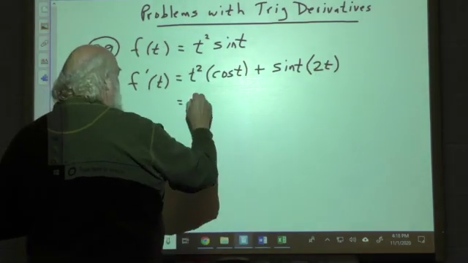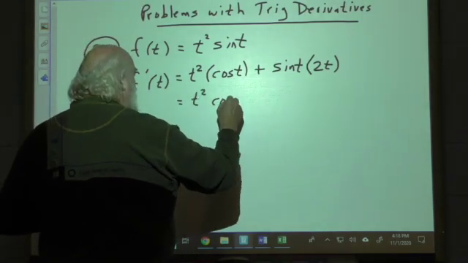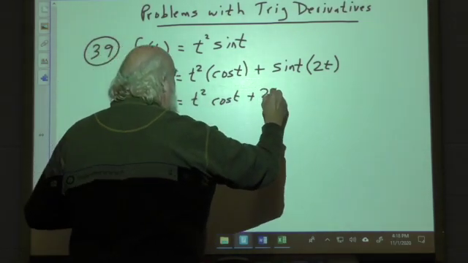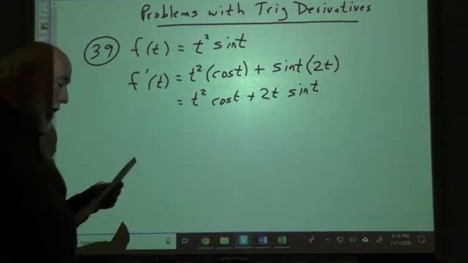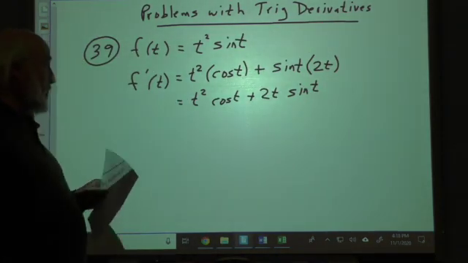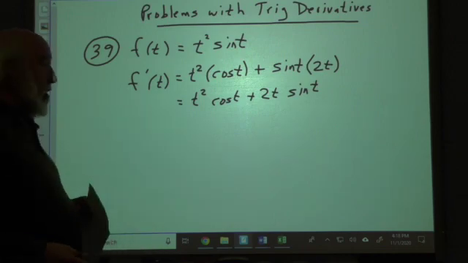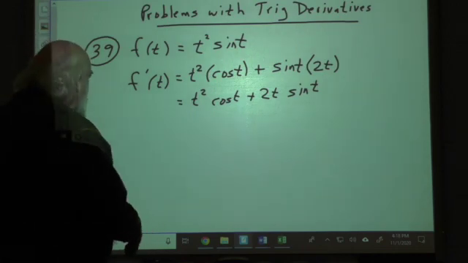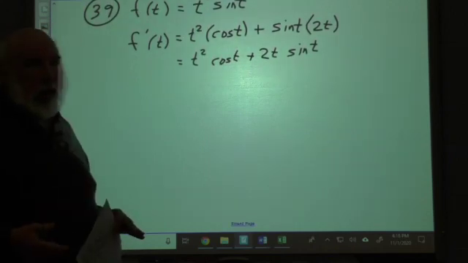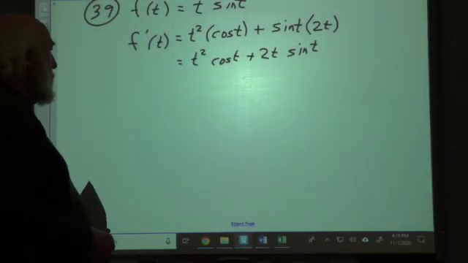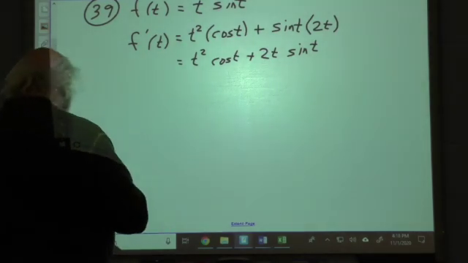This gives us t squared cosine t plus 2t sine of t, and that is our answer. Not too challenging. Well, it gets a little challenging later on, but really it isn't too bad as long as you have those 6 functions ready to take derivatives of.